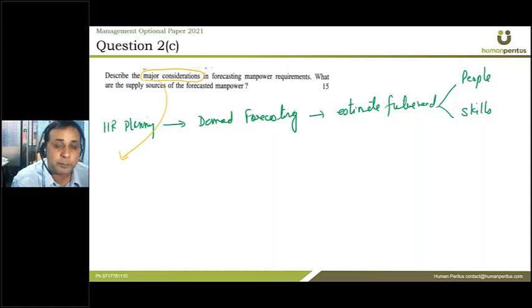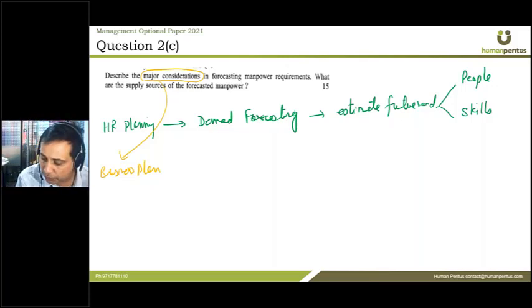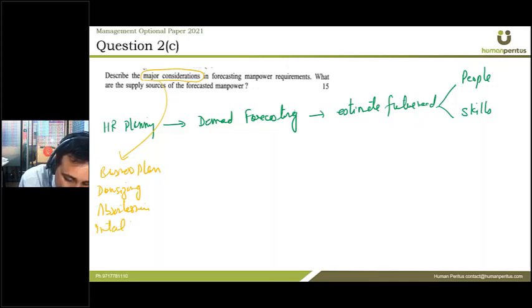So different considerations. The biggest consideration is, what is your business plan? So guys, your business plan will tell you what your requirements are, how much you will produce, and based on that only you will decide what kind of manpower is required for that kind of production. So business plan is the most important part. Then there are other operational decisions like your decisions of downsizing, absenteeism, then internal movement, internal transfer or promotion.